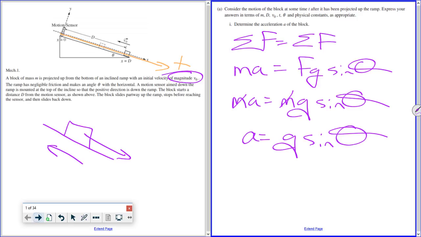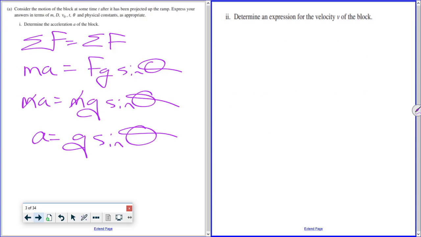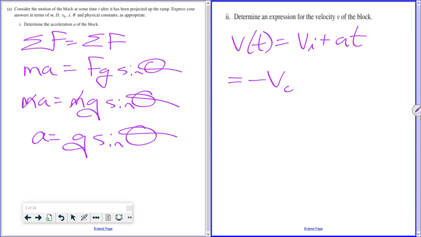Velocity at time t is vi plus at, right? So, what's my initial velocity? Negative v naught. Thank you, stupid test writers. Cool? Gotta watch those signs. They're out to get ya.